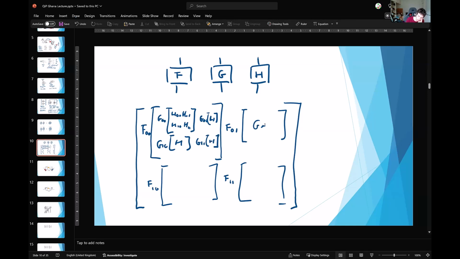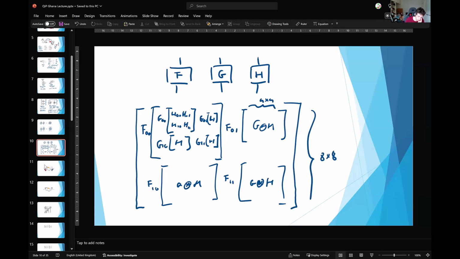So this is again G times H, G times H, G times H. So this is an 8 by 8 matrix. If you compose 2 of them, you get a 4 by 4 matrix. If you compose 3 of them, you get an 8 by 8 matrix.